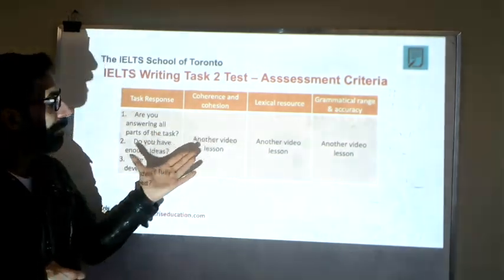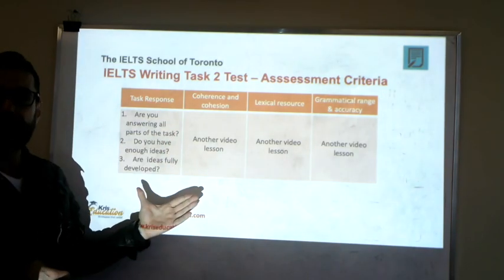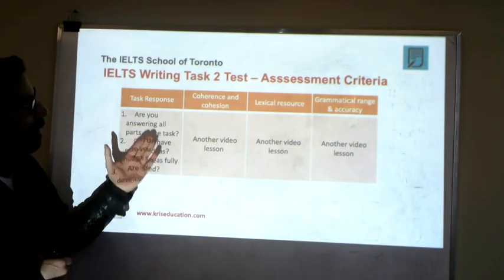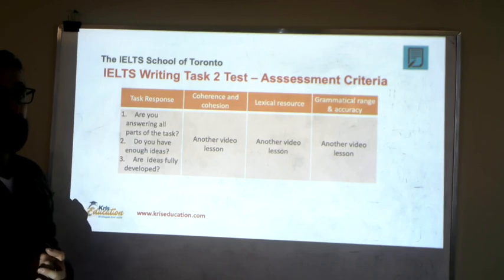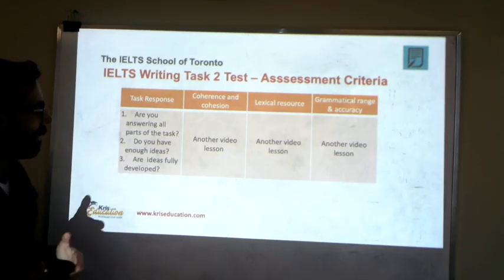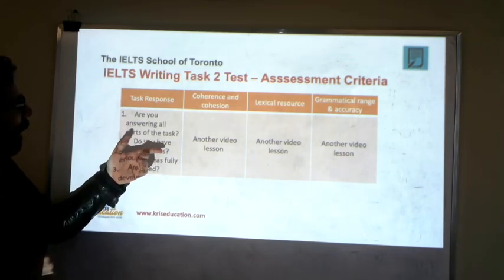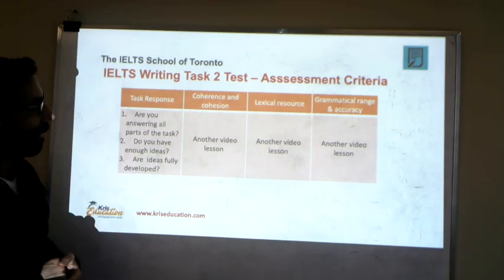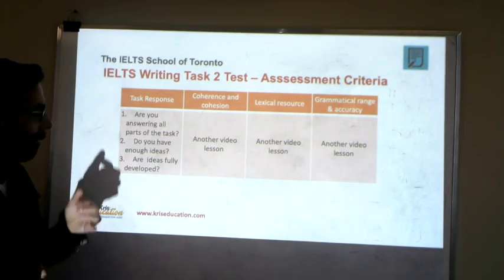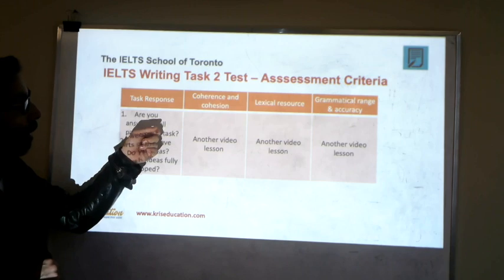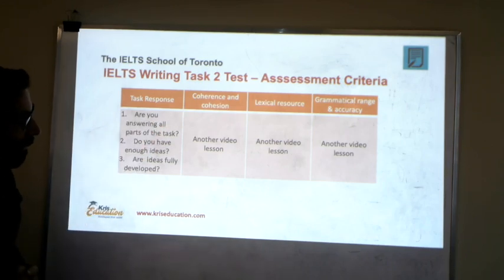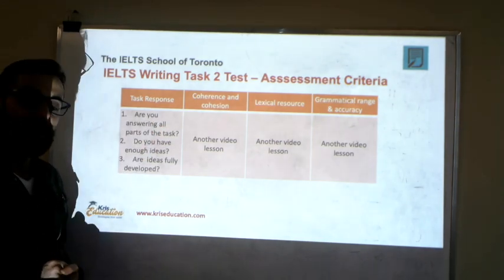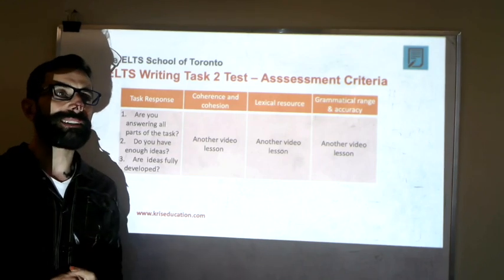So the focus of today's lesson will be task achievement. 3 questions examiners ask when they read your writing are: the first one, are all the parts of the task covered? All the parts, all is very important. Do you have enough ideas? And this will be the focus of this lesson.